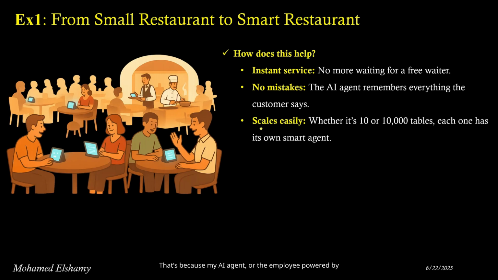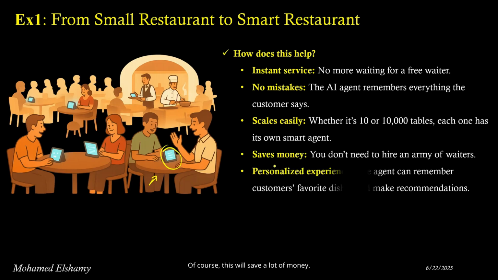That's because my AI agents, or the employee powered by artificial intelligence, doesn't need any changes. All I have to do is increase the number of devices I have and add more tables, and that's it. I don't need to hire anyone new, I don't need to hire more waiters, so it won't cost me extra money. Of course, this will save a lot of money.